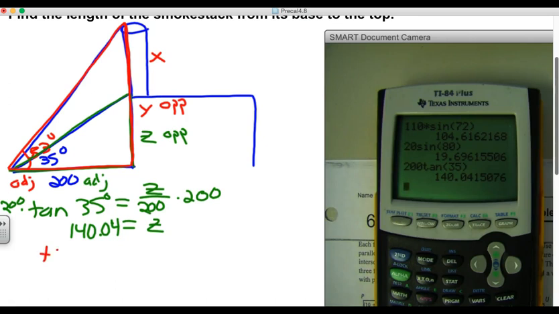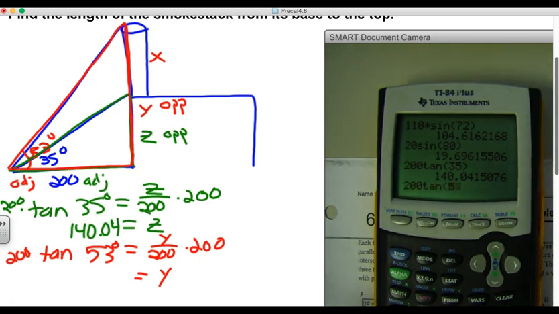So now we're doing tangent of 53 degrees equals the opposite Y over the adjacent 200. Solve the same way, times by 200. So we're going to get Y equals 200 times the tangent of 53 this time. It's 265.4.